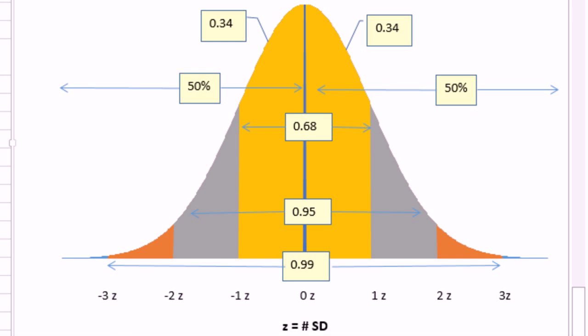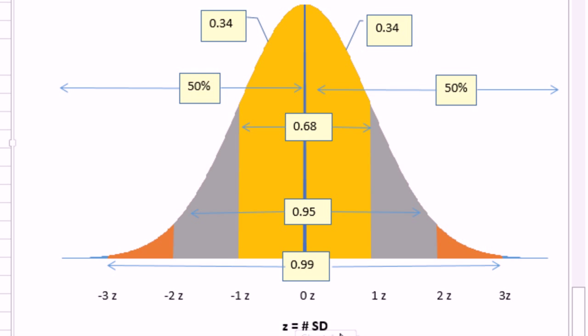Now, here's a little chart I made. 68% of the values would lie between -1z and +1z, 95% between -2z and +2z, and of course 99% between plus or minus 3z's. But also, check this out. Right down the middle, that's a symmetrical curve, and everything on the upper end is 50%, everything on the lower end is 50%.